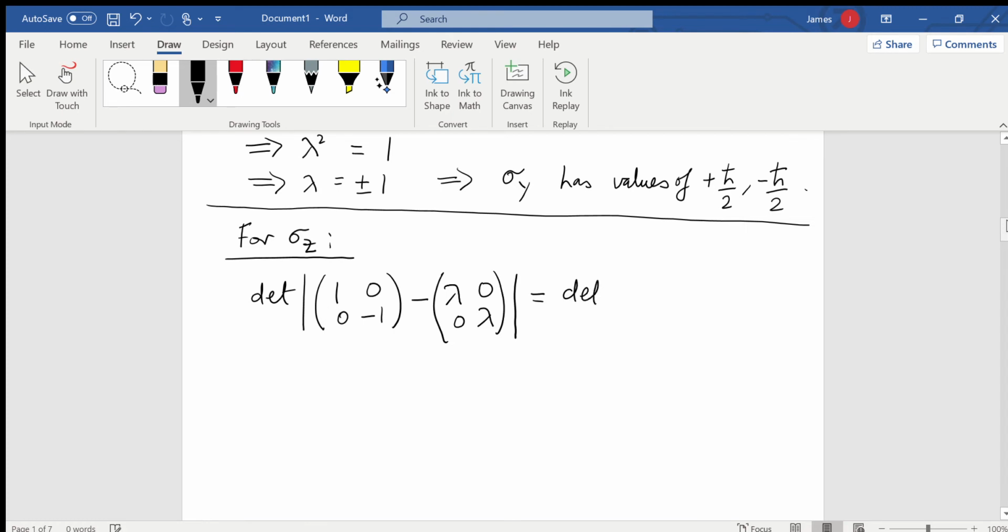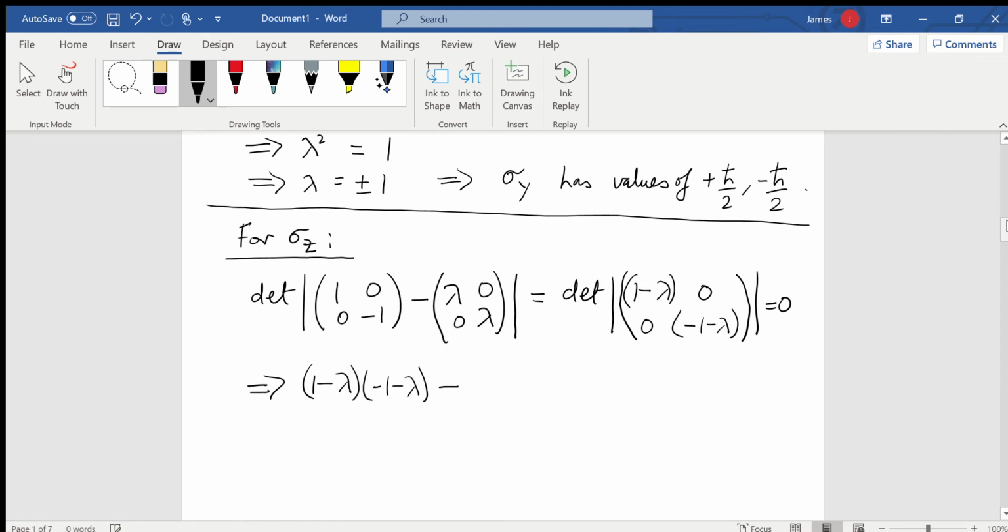That's therefore the determinant of 1 minus lambda, 0, 0, and minus 1 minus lambda. We set that equal to 0. So if we actually do this, we've got 1 minus lambda multiplied by minus 1 minus lambda, and then we've got to subtract from that 0 multiplied by 0. And we set that whole thing equal to 0.